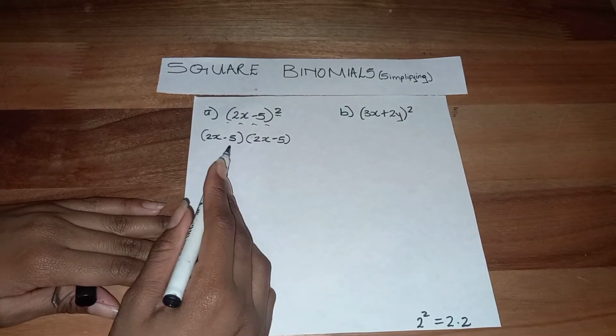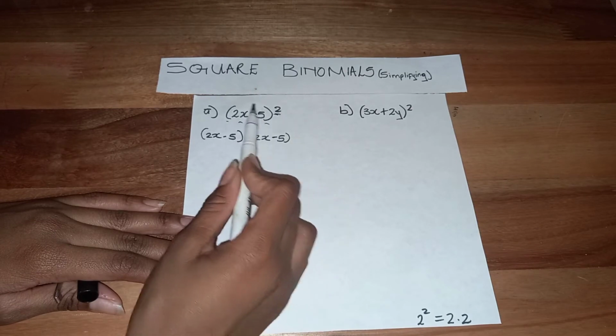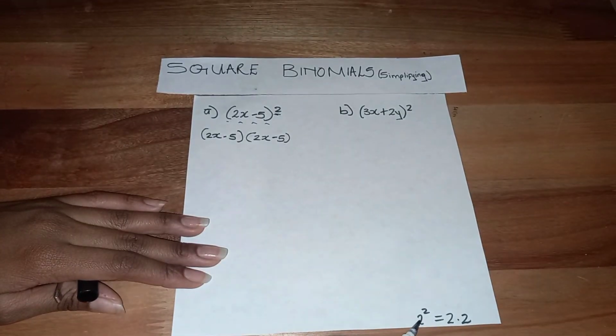So the normal way that we know is to say that this bracket squared means this bracket twice, just the same as I showed you with this 2 squared.